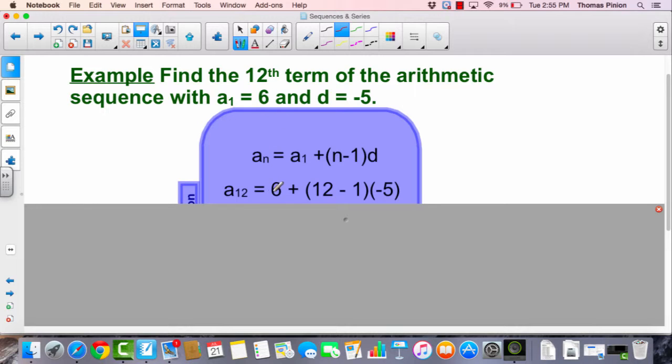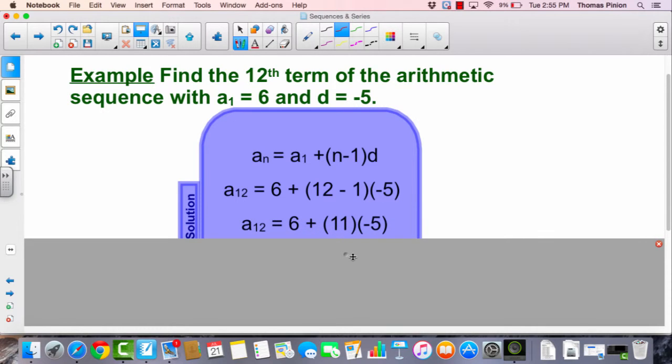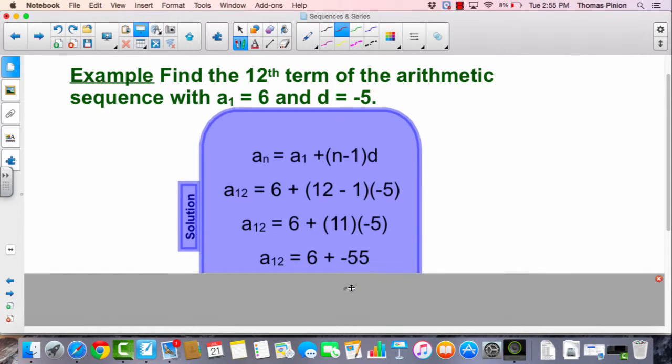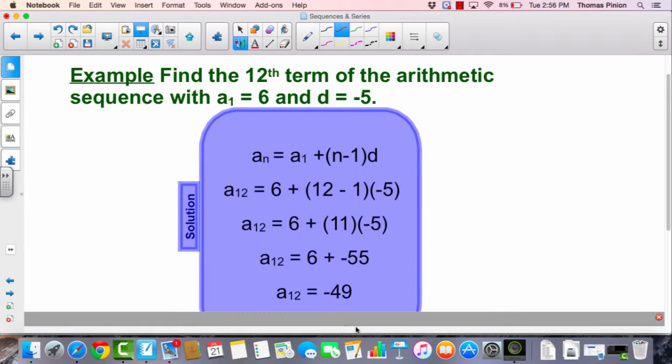Plug in 6 for a sub 1, negative 5 for d, and then 12 for n since we're trying to find a sub 12. Now, 12 minus 1 is 11. 11 times negative 5 is going to be negative 55, plus 6, which is going to be negative 49. So the 12th term here is going to be negative 49.